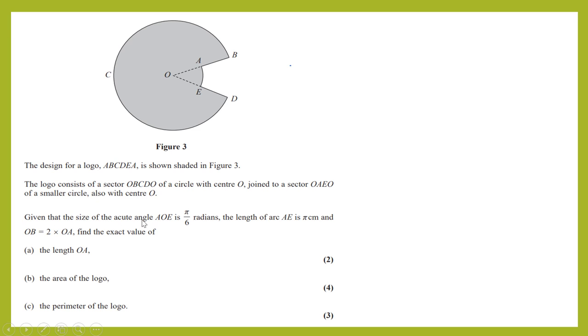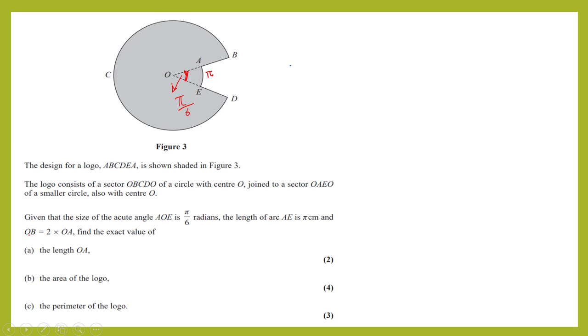Given that the size of the acute angle AOE is pi over 6, this one is pi over 6, the measure of this angle, and the arc length of AE is pi, this AE, its arc length is pi. We need to find the length of OA.